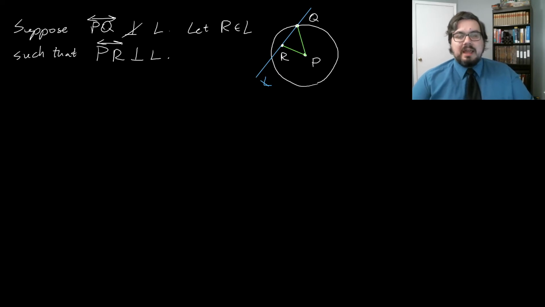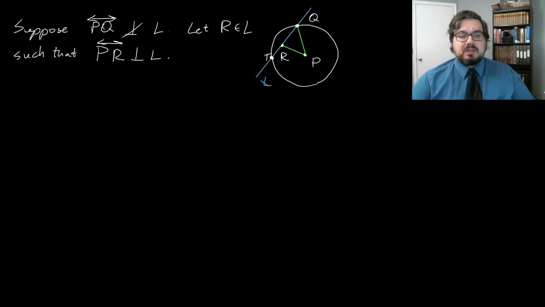Now, what we would like to show based on this graph is that there's some other point. We're trying to prove that the line L is not tangent to the circle C, so we're trying to find basically this other point that we can see on the diagram. We're trying to basically show that it exists.